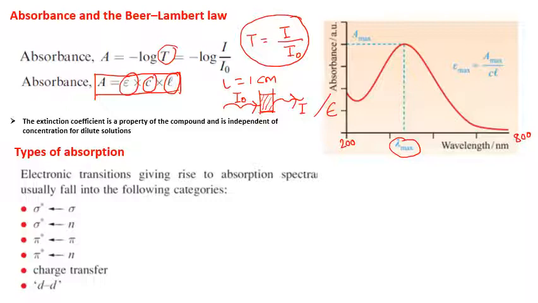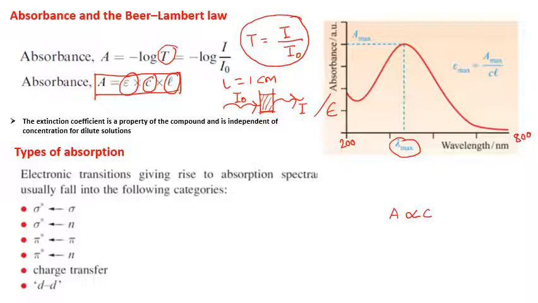According to the Beer-Lambert law, the absorption is related to the concentration. So basically the absorption is proportional to the concentration of the solution, but epsilon, the molar extinction coefficient, is a property of the compound and is independent of the concentration of the solution.